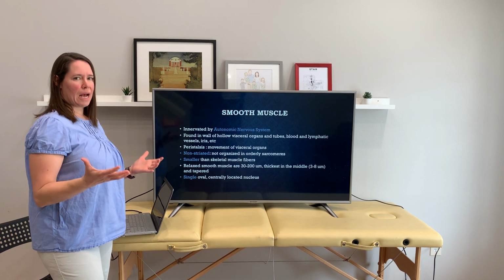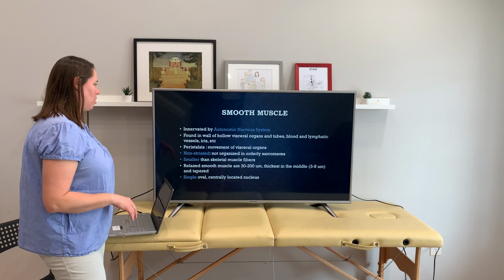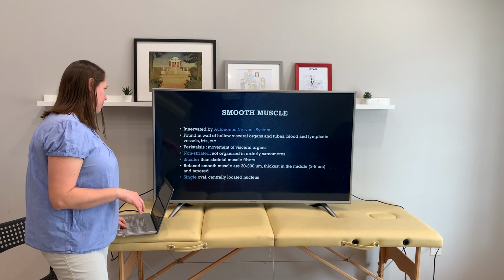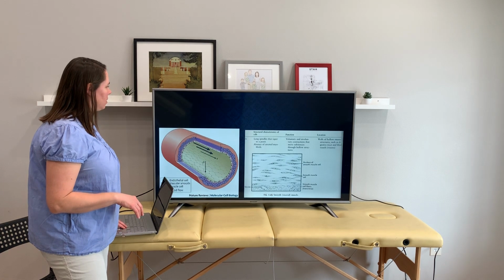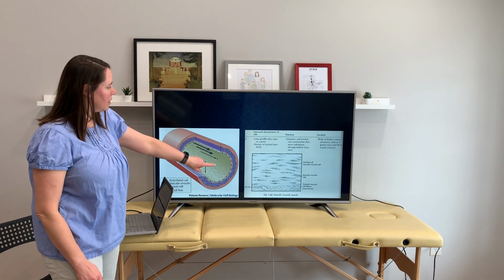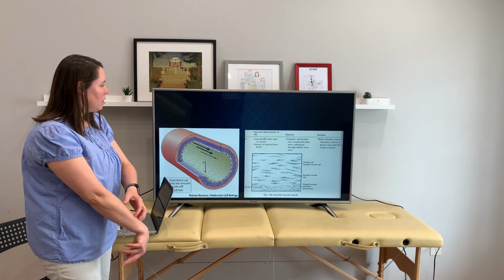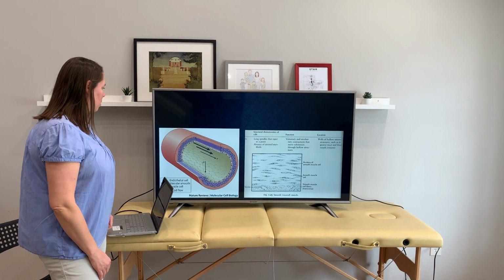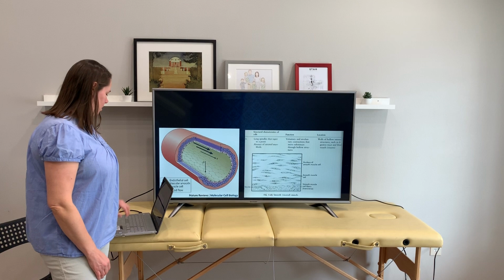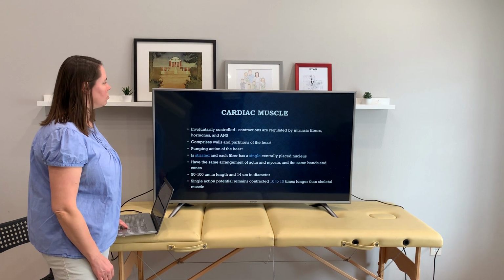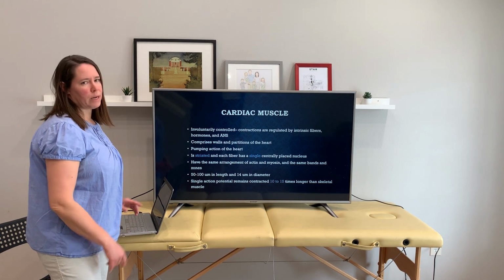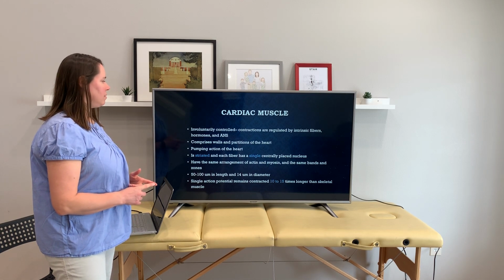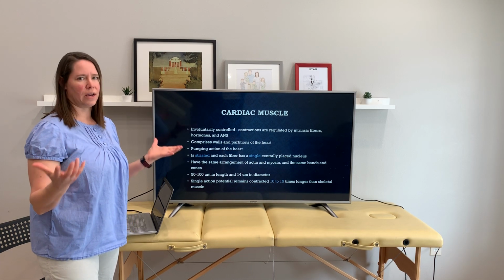That striation is absent if you were to look at this under a microscope. They do have nuclei, and they look a little bit like this under a microscope. So you see that there's not those nice striations that we saw earlier, and you see the hollowness of these structures as well. Cardiac muscle, controlled by the ANS also, and really just found in the heart.